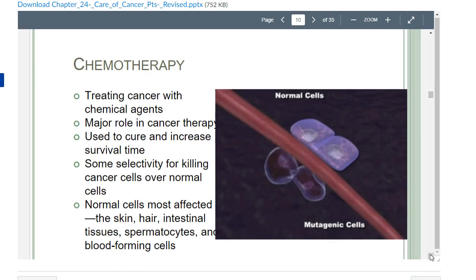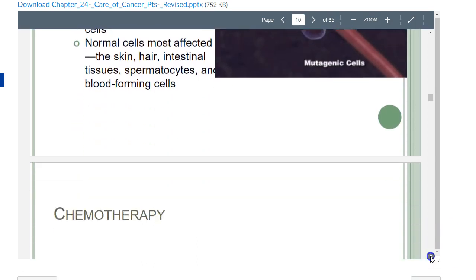And remember, chemo is termed cytotoxic, not only killing cancer cells, but also killing the healthy cells. And remember, normal cells that divide rapidly are most affected. Those would be the skin, the hair, the intestinal tissues, the spermatocytes, and blood-forming cells, as I just said, okay? So that's a little background on chemotherapy, okay?